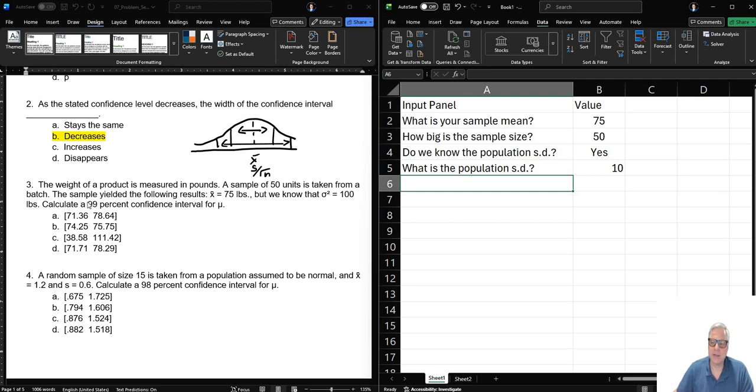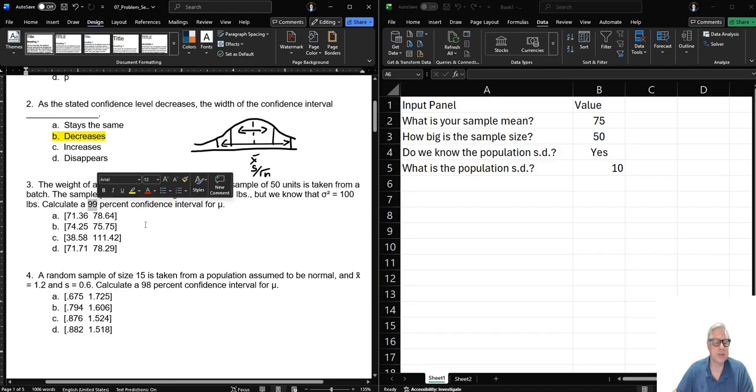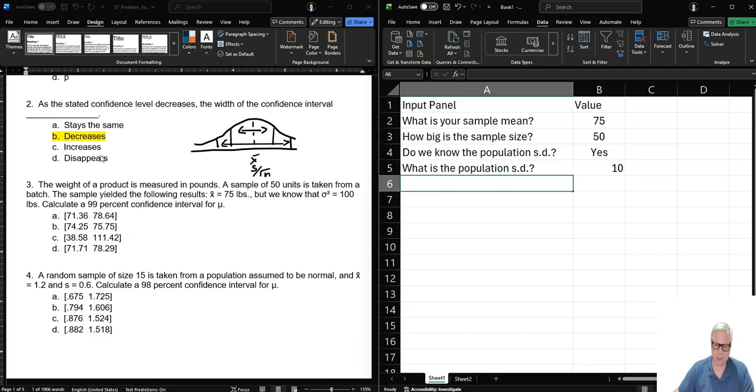Okay, so the next question we need to answer is, which confidence level do we want? What level of confidence do we want for the interval? So in this case, the level of confidence is 99%. So we ask the question, what is the level of confidence in percent?